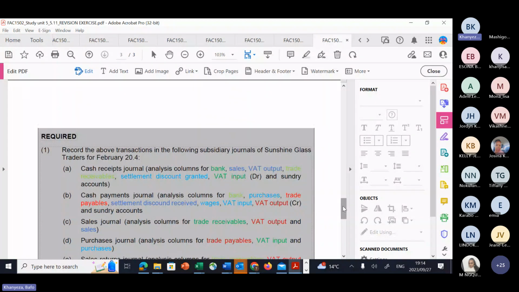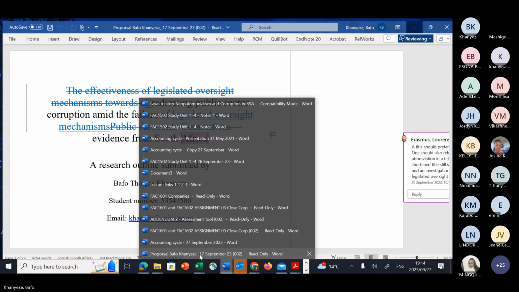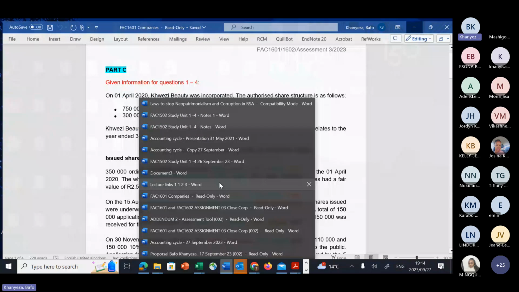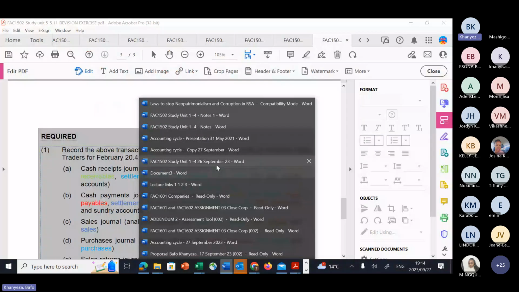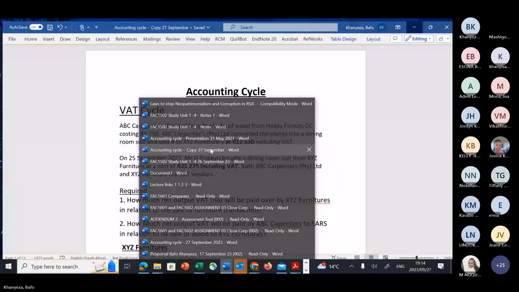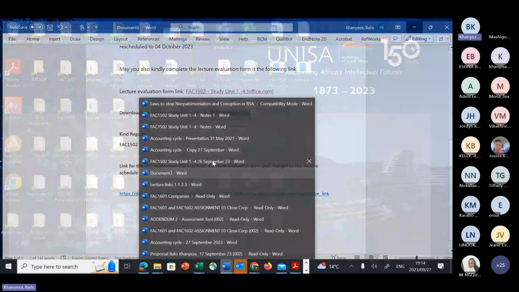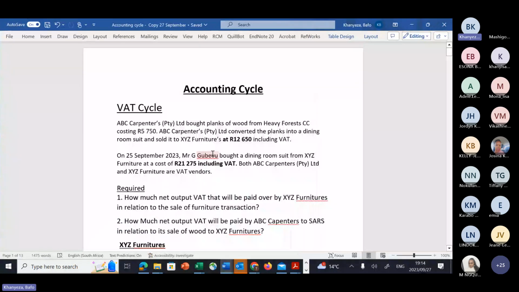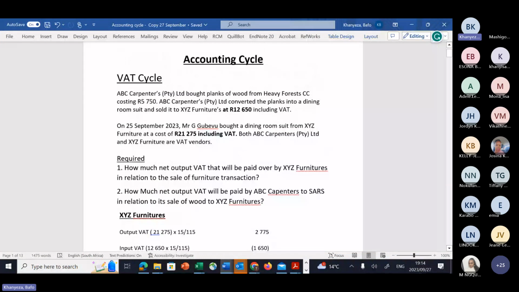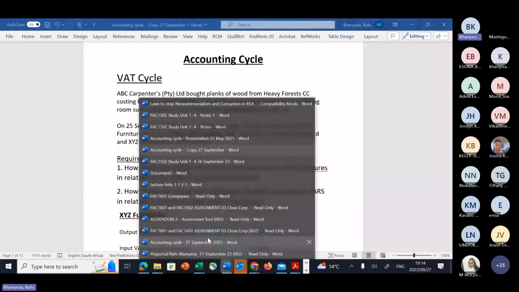Now, what we are starting with is the VAT cycle.